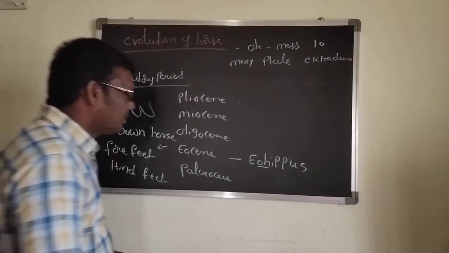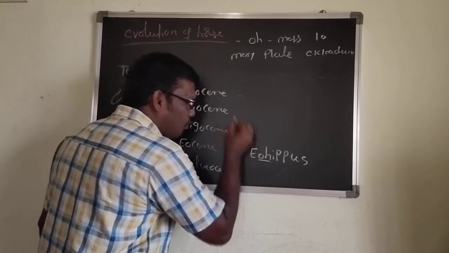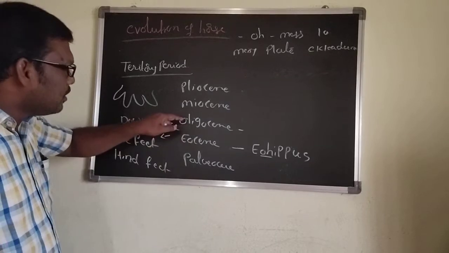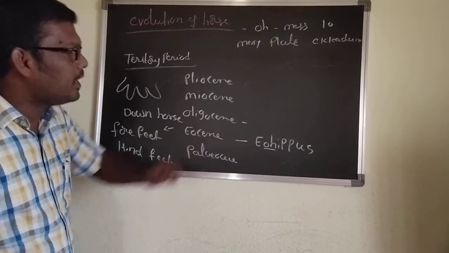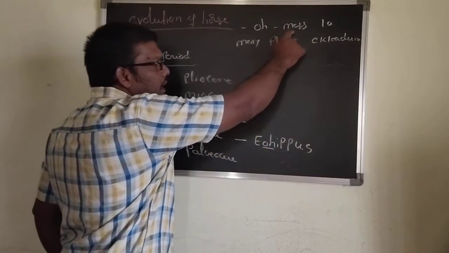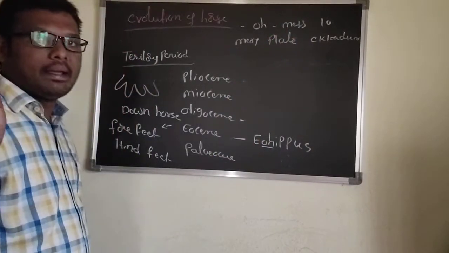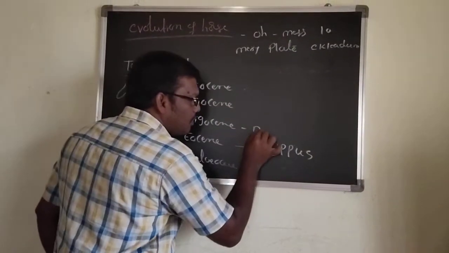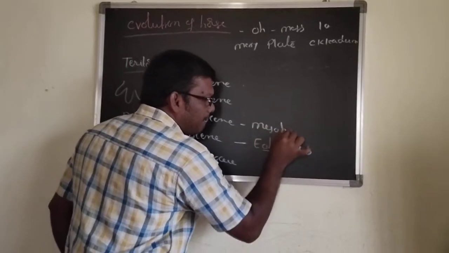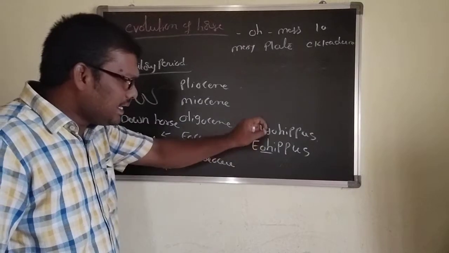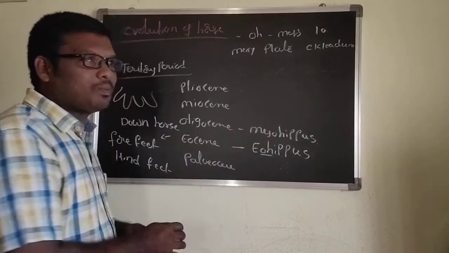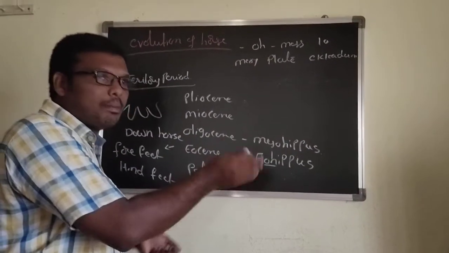And then the next one is the Oligocene. In the Oligocene epoch, after Eohippus, what I said, "Mess", here the mess indicates Mesohippus. It looks approximately like a sheep, the size of a modern sheep.